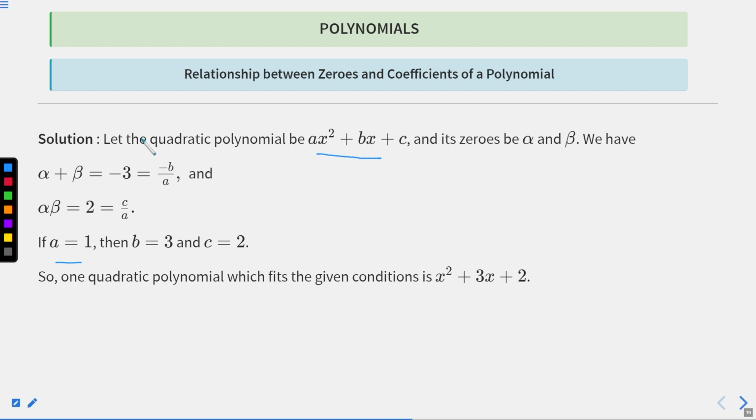Okay, so these given conditions can be fit by this quadratic polynomial x square plus 3x plus 2.